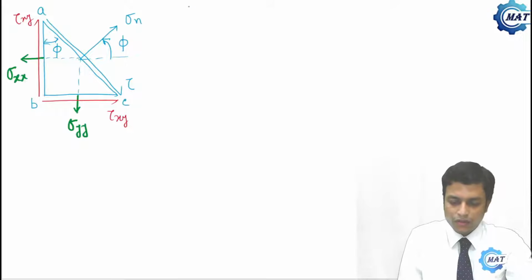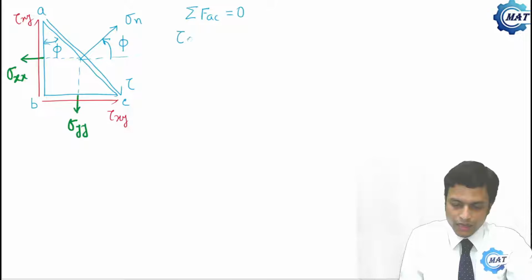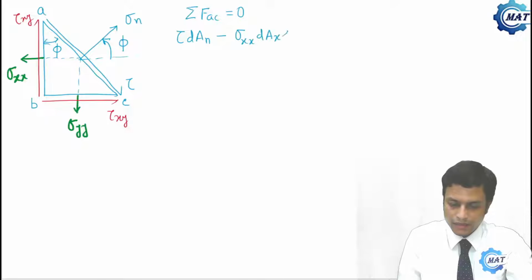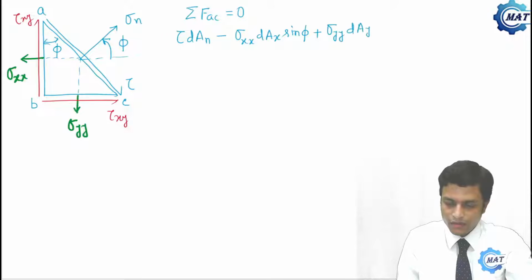Now to get tau, we have to make force balance along AC, which will be 0. That is tau DAN minus sigma xx DAX sin phi plus sigma yy DAY cos phi.